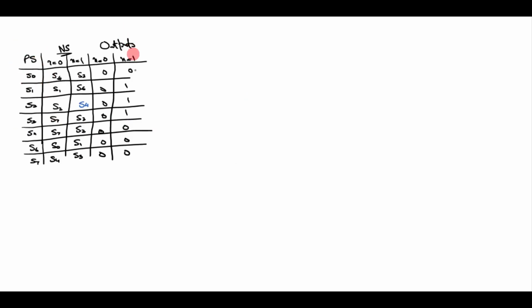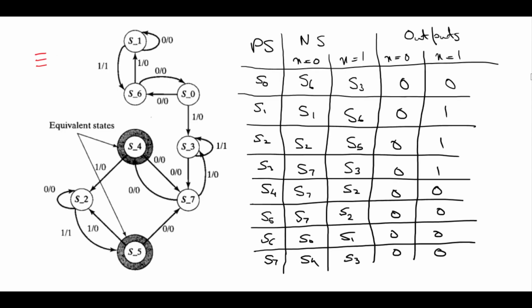In order to determine the equivalent states in the state transition table, we have to use a triangular array. We have to develop a triangular array, and from the triangular array we can find out the equivalent states in this state transition table or in this state transition graph.